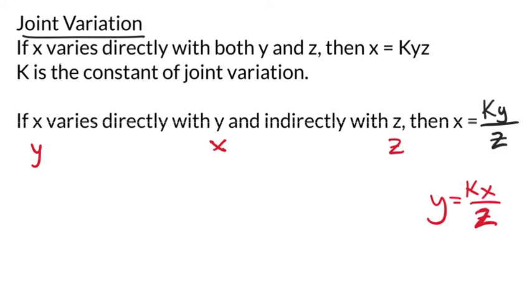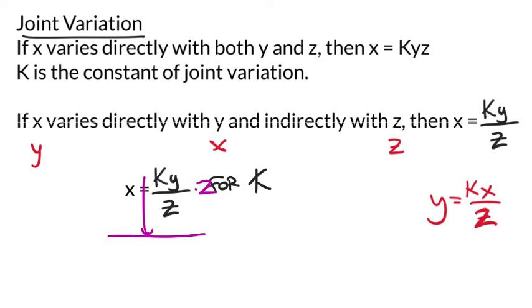But in addition to that, you have to be able to solve for k, because you're going to need the k on these, right? So I'm going to start with our original here. If we were to solve this for k, the first thing I'd probably do is multiply both sides by z. That would make that a phantom 1.